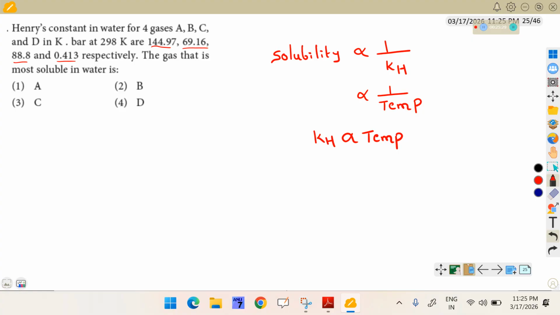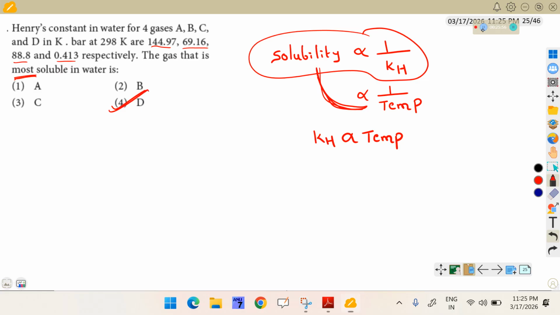The gas that is most soluble: solubility of gas is inversely proportional to KH value. Not only that, solubility of gas is inversely proportional to temperature also. Here KH values are given. Solubility is inversely proportional to KH value. If KH value is less, it is more soluble. So the fourth option is the correct option.